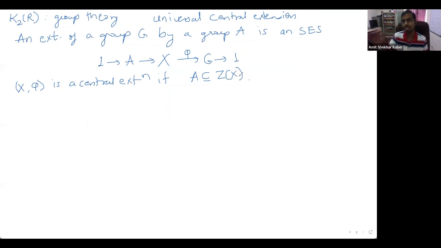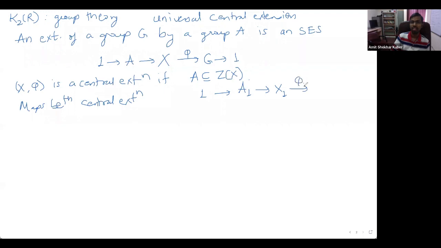As the name suggests, the universal central extension would be the universal one amongst all such extensions. Basically, we can define maps between central extensions as follows: 1, A1, X1, phi1, G1, and 1, A2, X2, G1, and these two are equal and these maps have to commute.